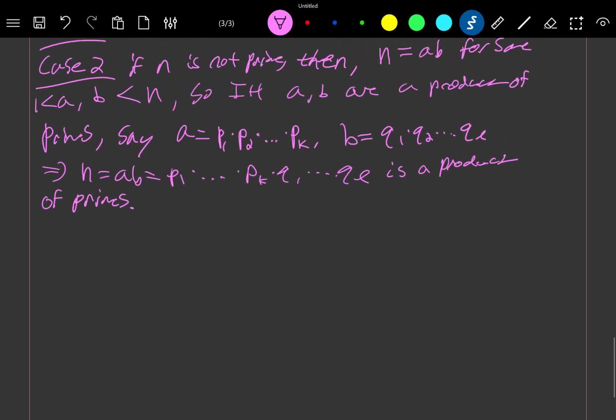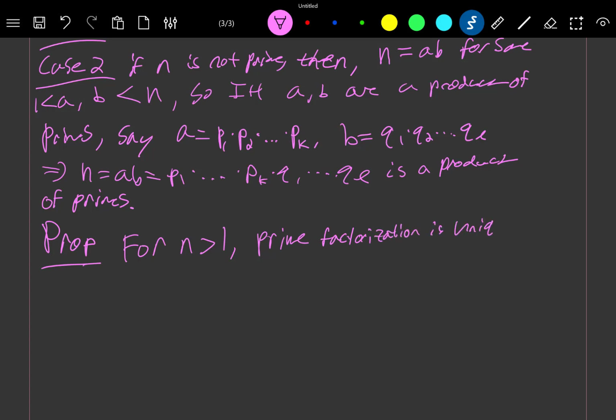So now, the last part of the fundamental theorem of arithmetic is the uniqueness part. For n greater than 1, prime factorization is unique. And let's go ahead and prove this.